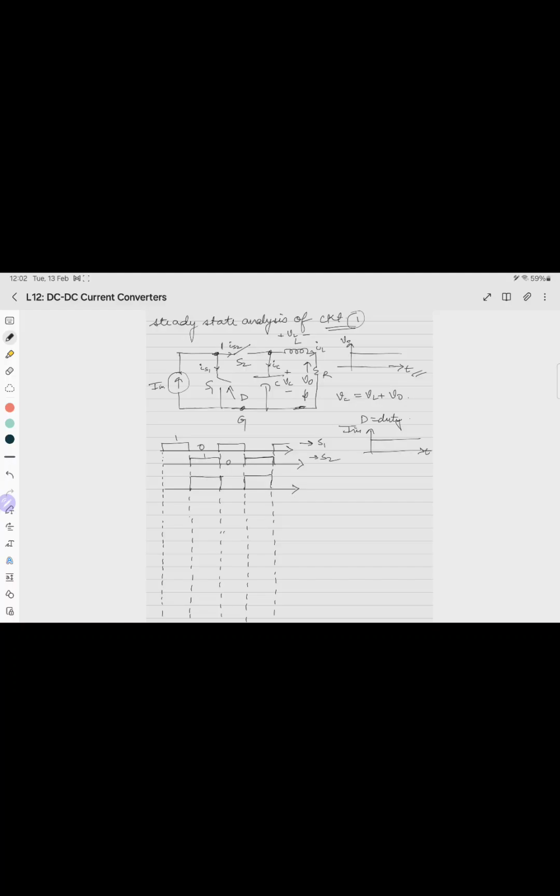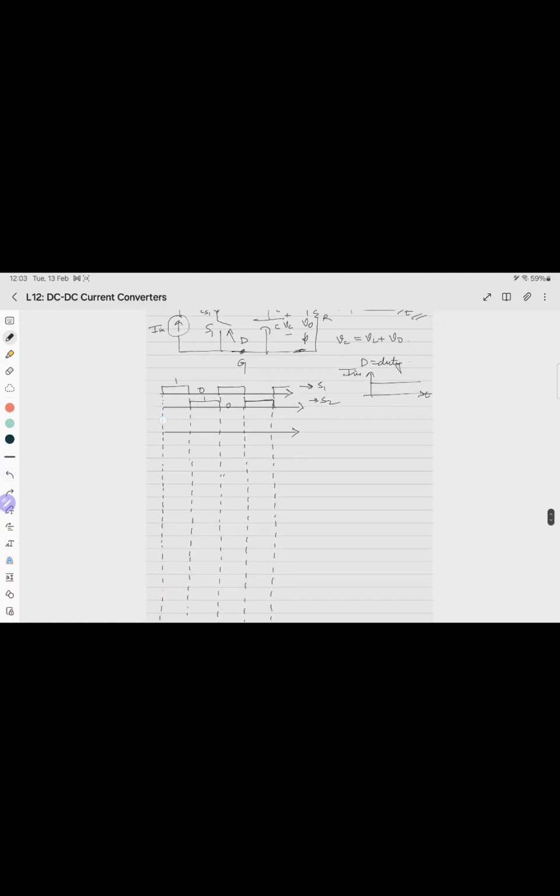that time, okay, I made a mistake. So when S1 is on, the current through it is on. I'll draw using a separate color. And the current through the other switch is like this.